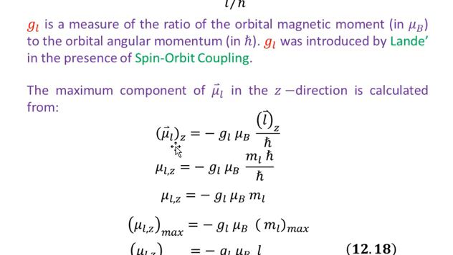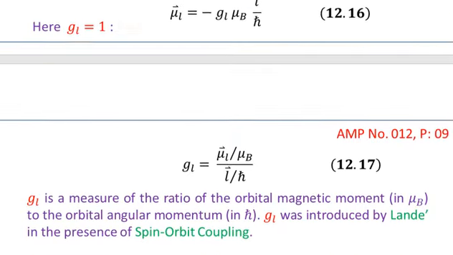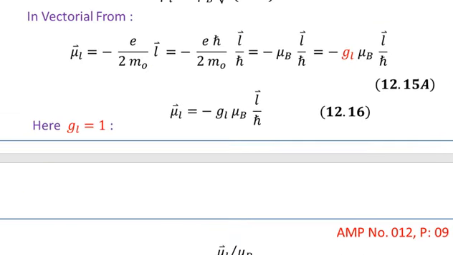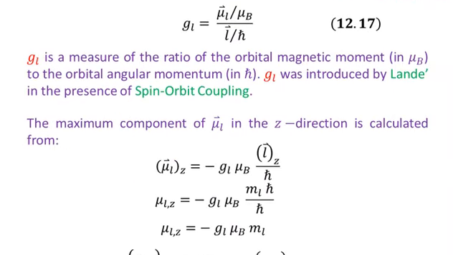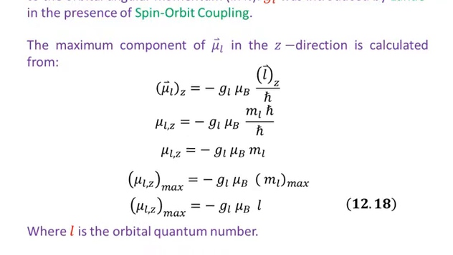So you see that I have the vectorial definition of mu L as shown in equation number 16. You can take the Z component of that, which I have shown over here.